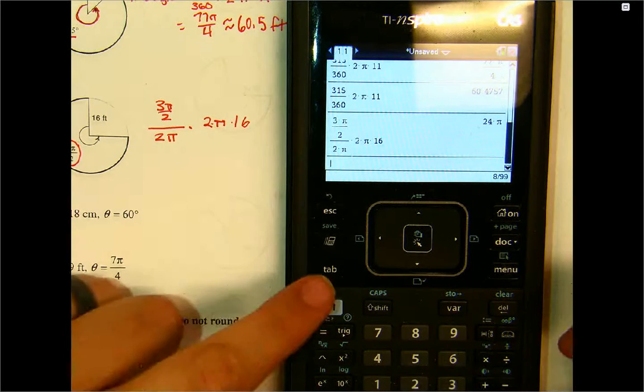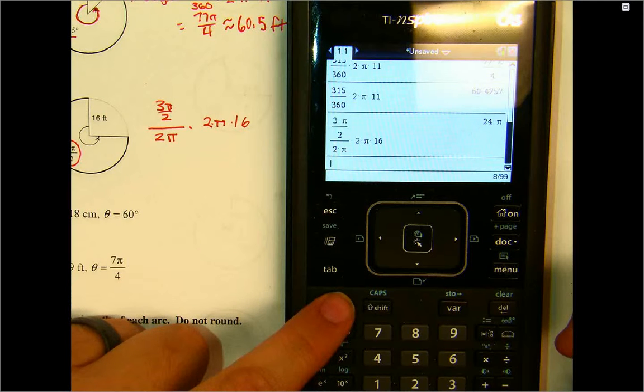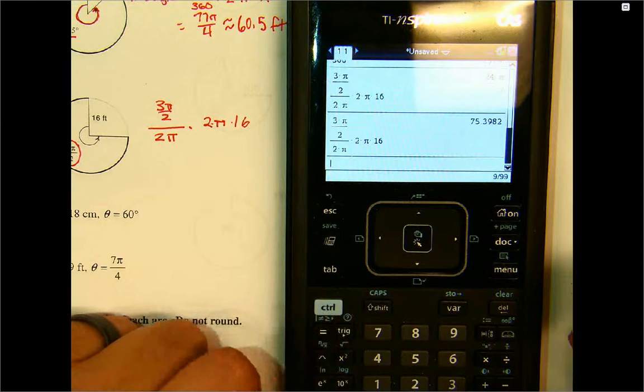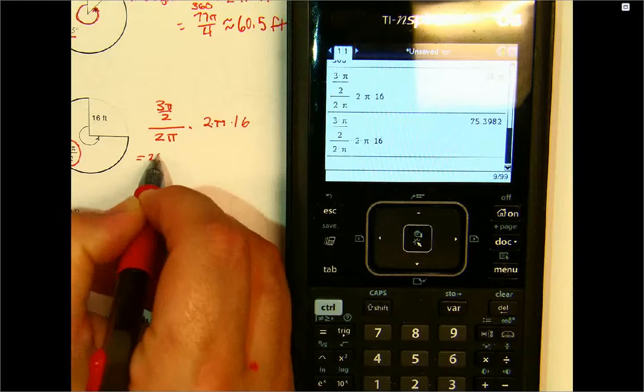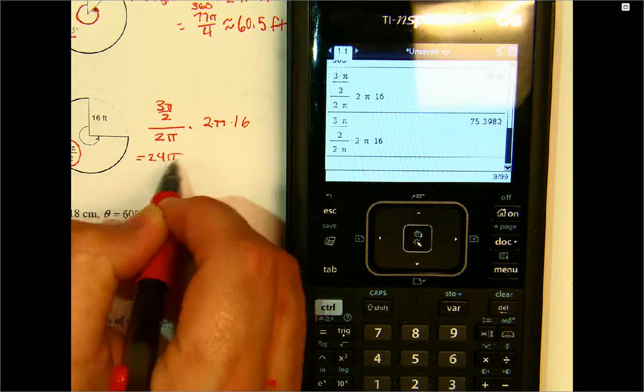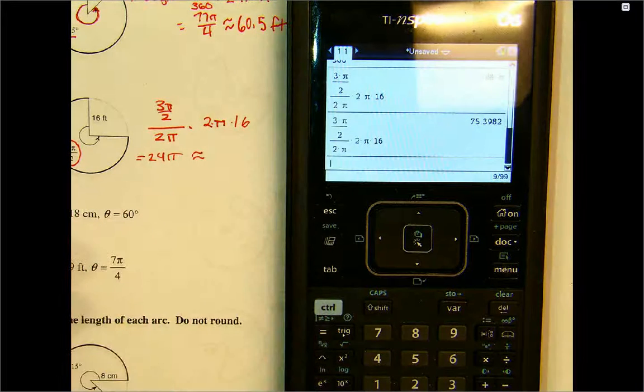And then all you have to do is hit control enter, or you could have done that to begin with. I like to get the exact answer and then say what it is approximately. 75.4.